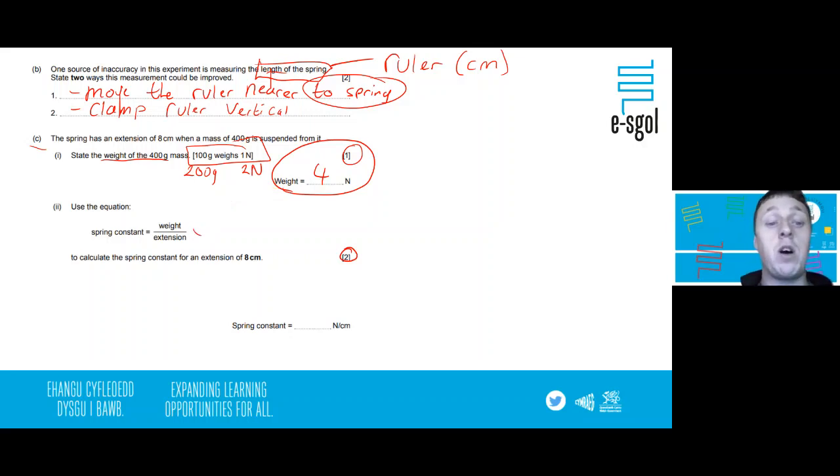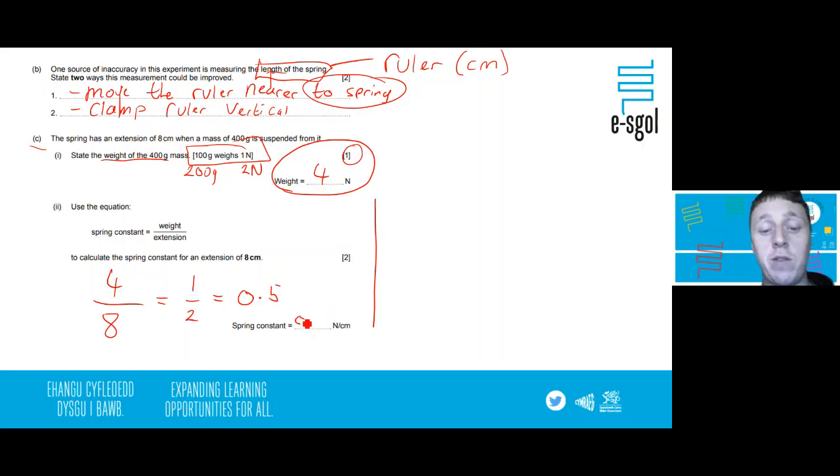There'll just be an issue of error carried forward, but it shouldn't hinder you from gaining those 2 marks because you can still do this section correctly. So the weight in our example is 4 divided by 8, and that would equate to a half or 0.5. So the spring constant for this question is 0.5 newtons per centimeter.